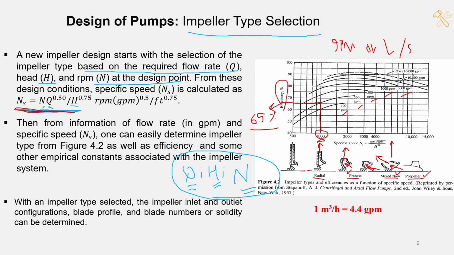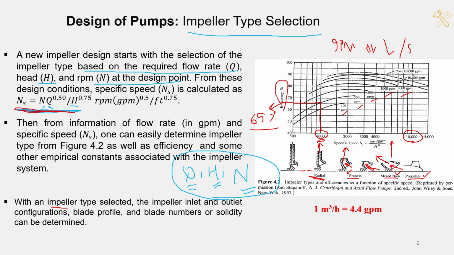At this point you say, okay, the appropriate impeller type will be radial, because the specific speed became around 1000, along with your flow rate and things like that. But if the specific speed is, for example, 10,000, then you have to select a propeller or axial flow pump.